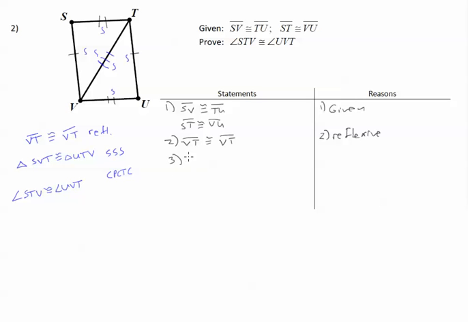Then I know that triangle SVT is congruent to triangle UTV because of my congruency shortcut, side, side, side. Where do these sides come from? I get the first two sides from my given, and then my reflexive statement in step 2 gives me my third side. I've got side, side, side.